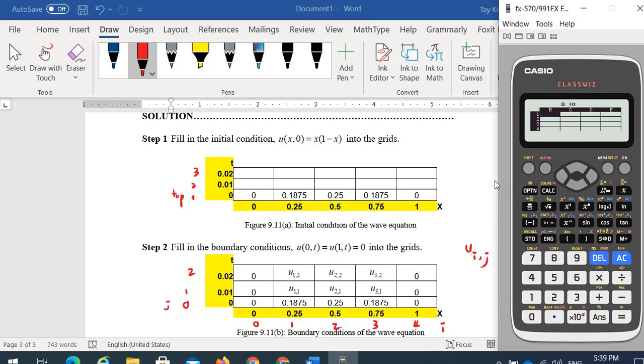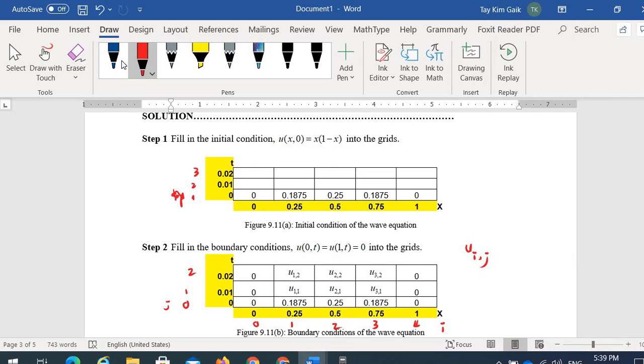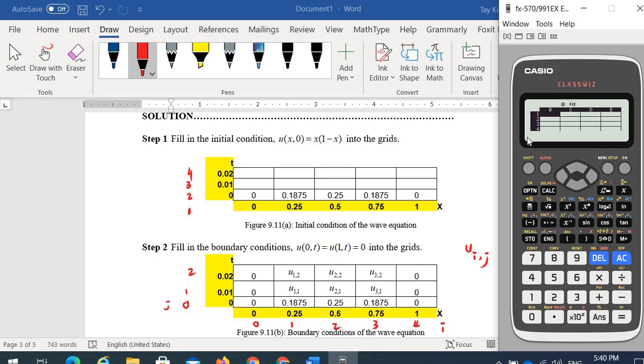I need the x, so I key in the x values at row 1, and then row 2, row 3, row 4 in the spreadsheet. So I key in the x value first: 0, and then 0.25, 0.5, 0.75, 1.